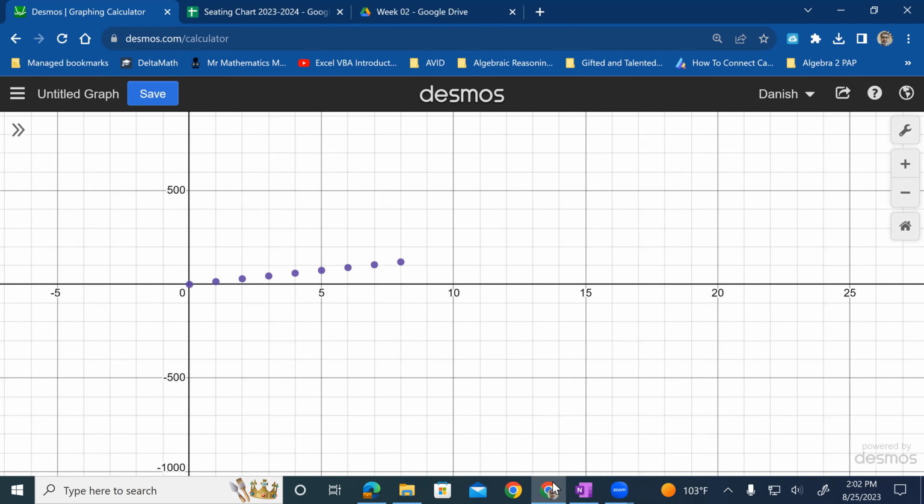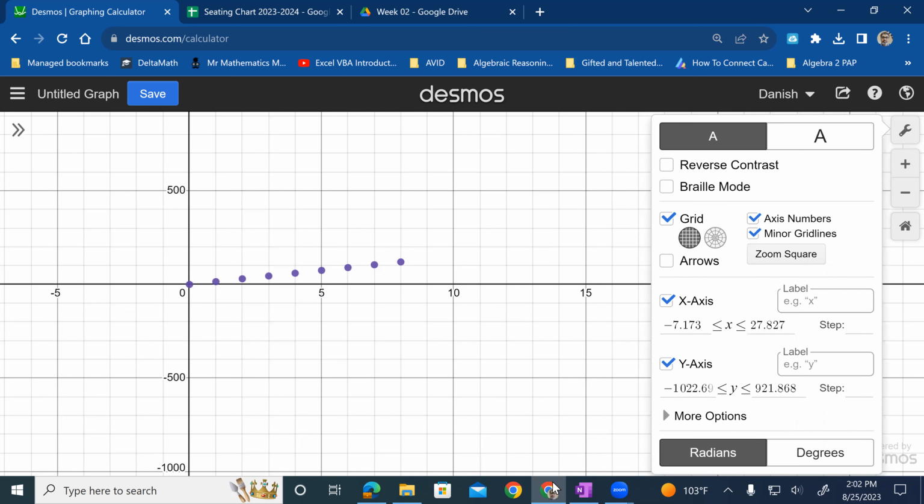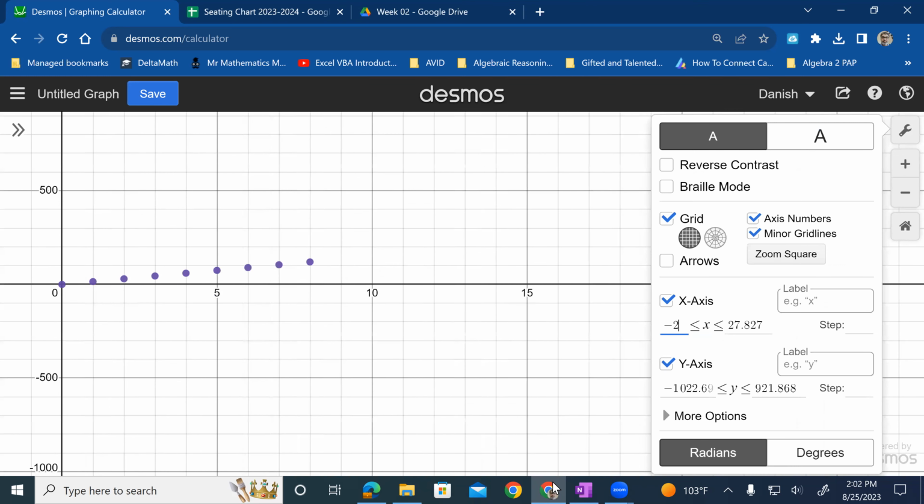What I will do now, I will change the scale. Look at this. When I click on these settings, it brings up the scale. Here, I'm going to put at the x-axis, do this with me. Let's put over here from -2 up till 12.